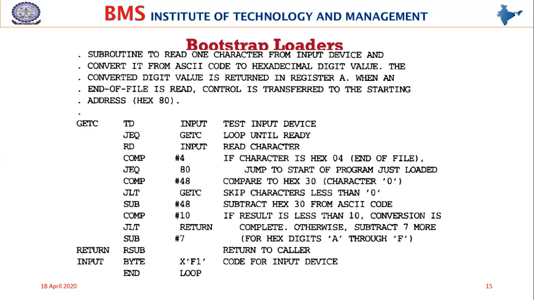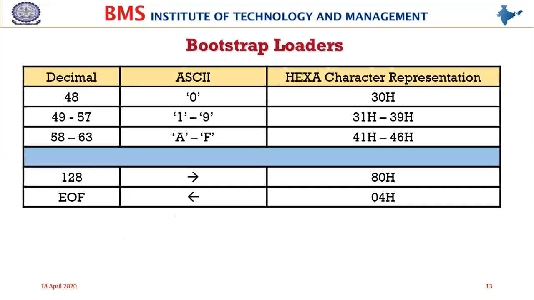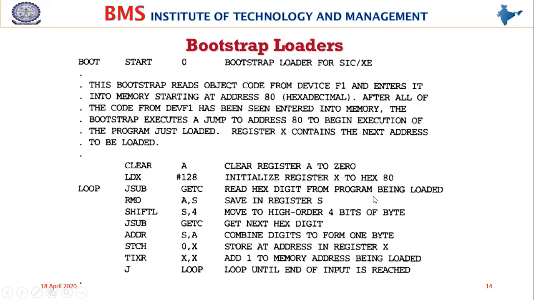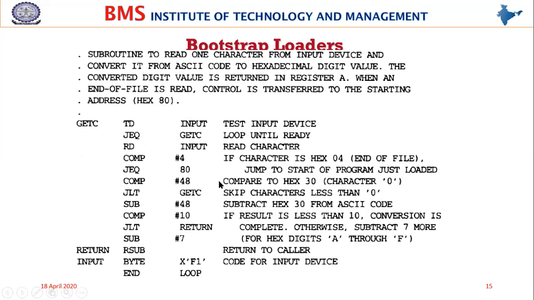After reading one character from F1, it is placed into the accumulator. We compare the contents of the accumulator with #4, decimal 4. Hexadecimal 04 indicates the end of the file, so we are checking whether it is the end of the file.